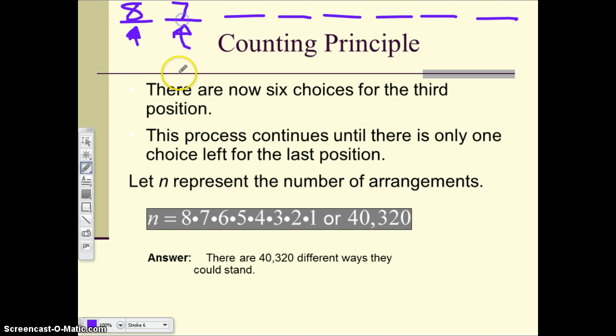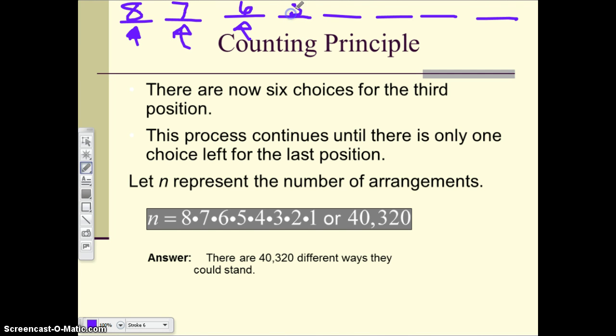So really, there's only 7 different possibilities for that second slot. And once that second slot is filled, there are really only 6 possibilities for the third slot. 2 people are already chosen. They're decided. You can't take them out of slot 1 and put them into slot 2.